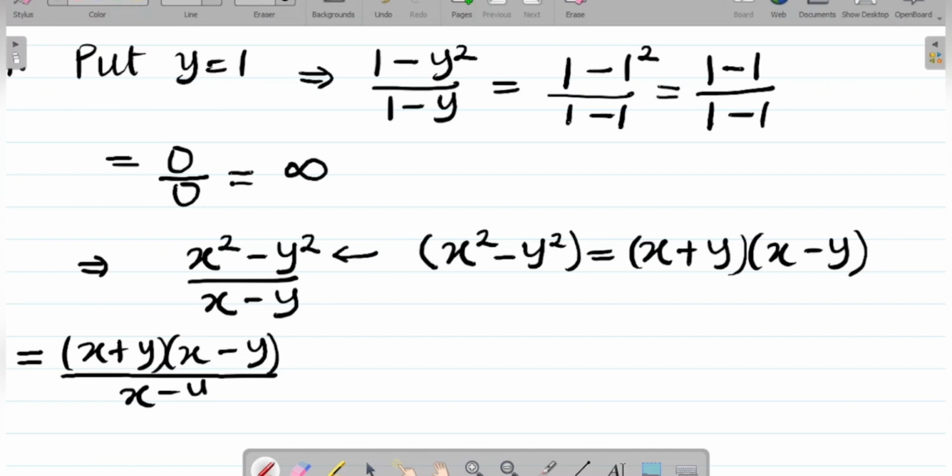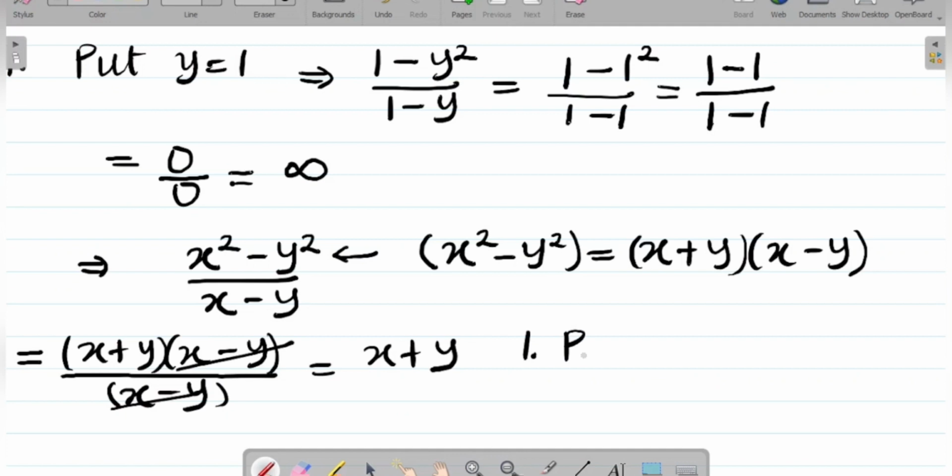At this point we can see that the denominator x minus y can cancel the same term in the numerator. So that's equal to x plus y. From this point, my task will be to put x as equal to 1.